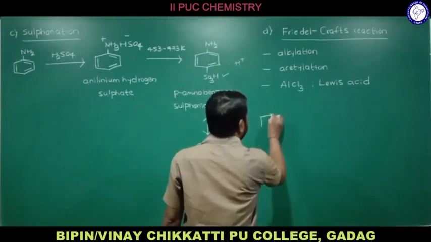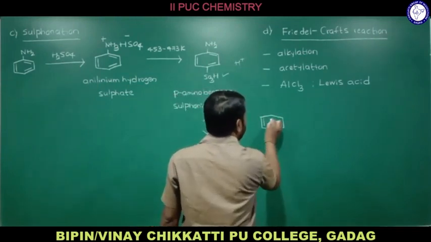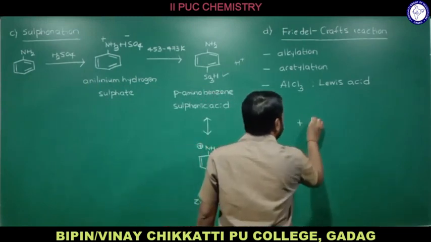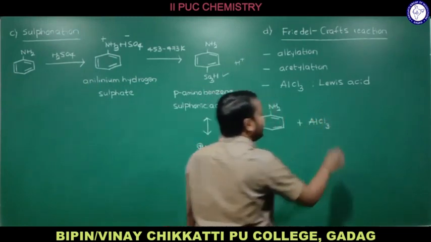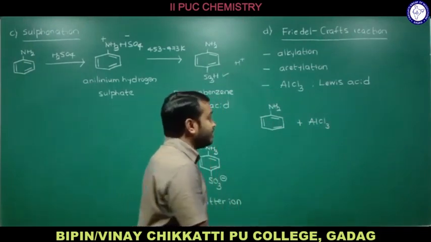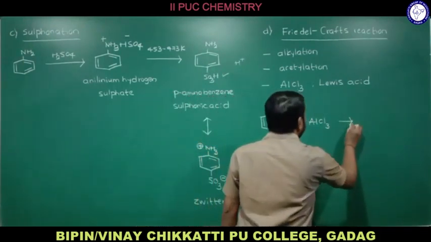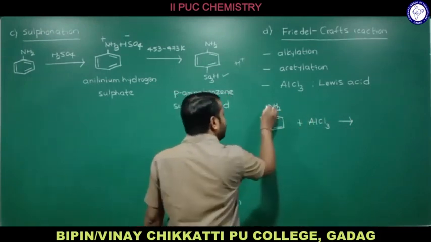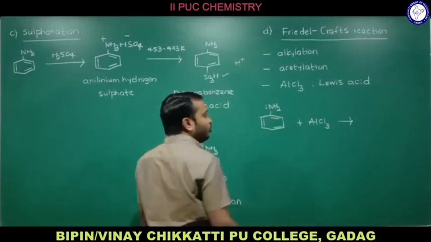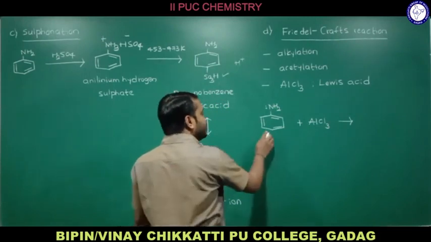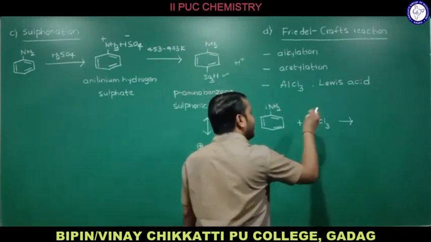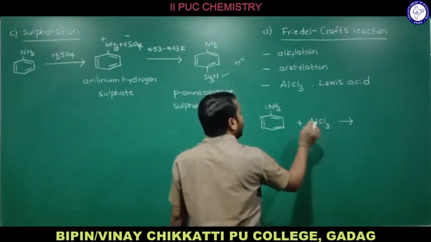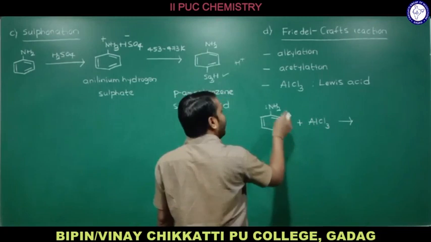Let me write over here, this is the aniline structure, and in the Friedel-Crafts reaction, the Lewis acid AlCl3 we consider. So there will be a reaction of this aniline with AlCl3. Why? Because on nitrogen we have a lone pair of electrons, and it is a Lewis base, and AlCl3 lacks electrons. You can say it can easily gain the pair of electrons donated by aniline.